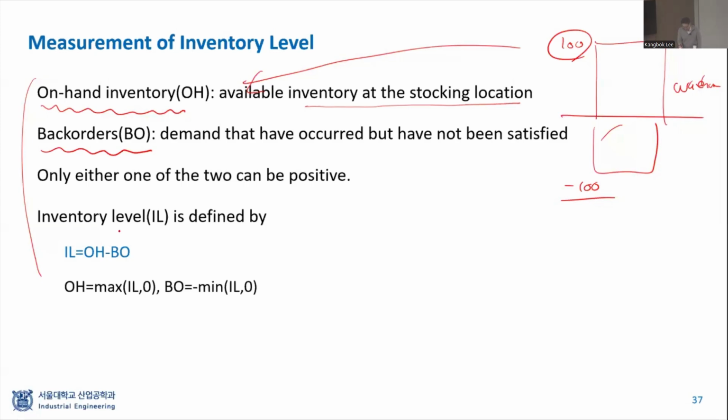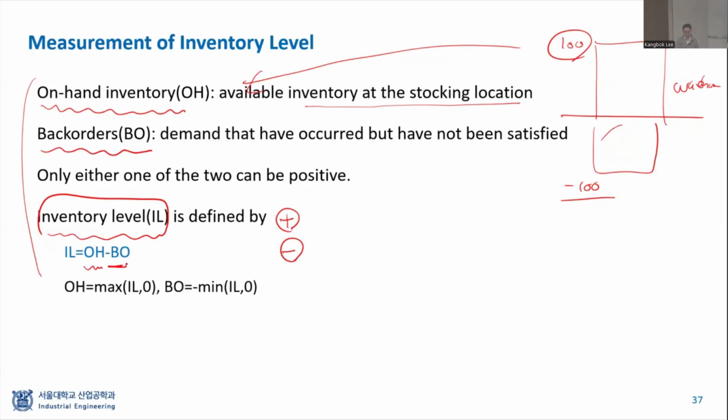So my inventory level just describes what's going on in my warehouse. It can have either a positive or a negative number. So simply I can say that it's on-hand inventory minus back order. If the back order is positive, then I will have a minus number.